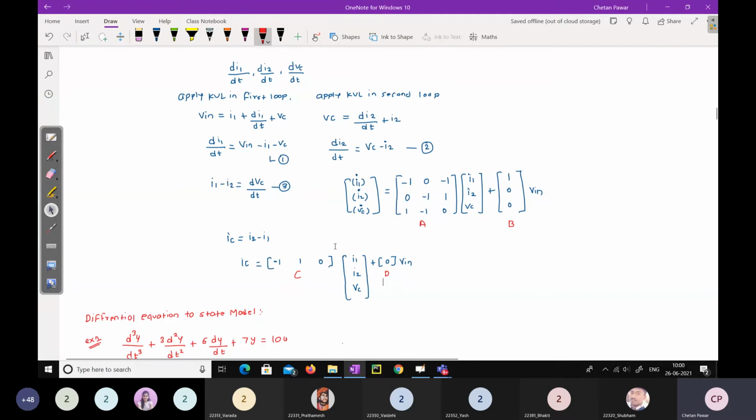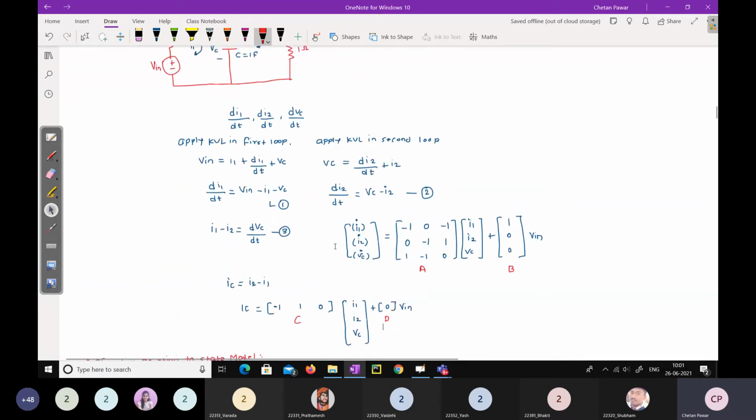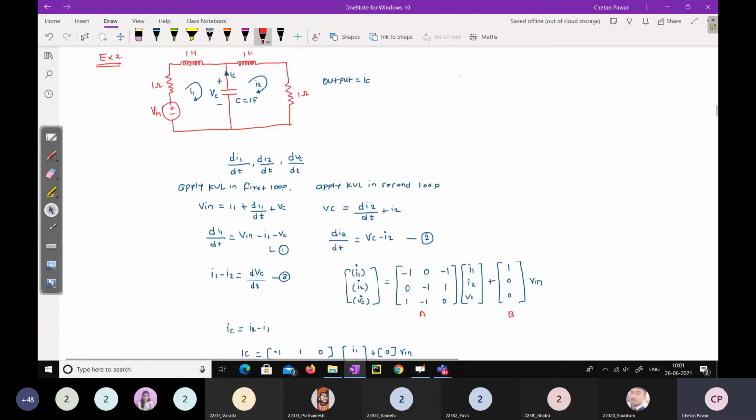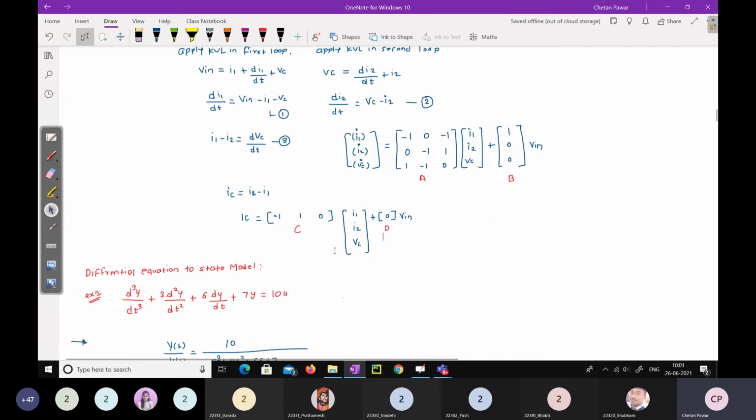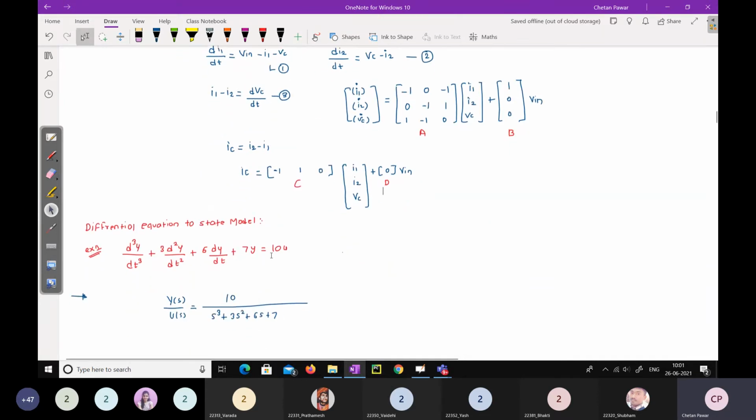Any doubt here? If you have any doubt, you can ask me. Okay, let us move to the next point: how to find a state model from a differential equation.